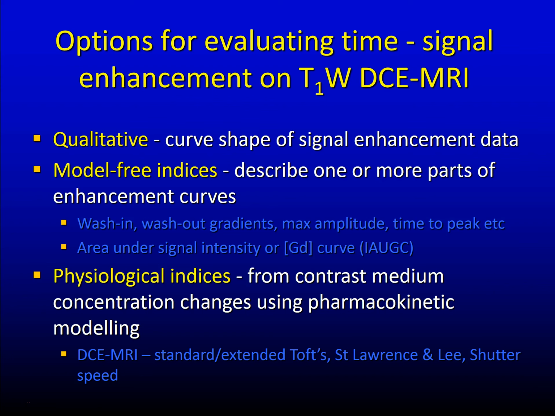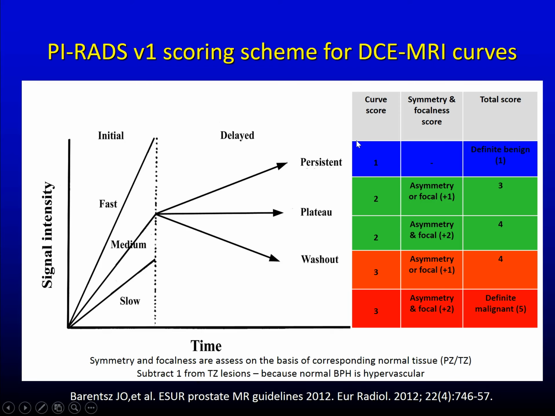There are several options for evaluating the time signal intensity curve on T1 sequences. This can be qualitative. You can either use model-free indices or physiological indices. These are not really prescribed for clinical practice. For clinical practice, a lot of us still use curve shapes of signal enhancement data.